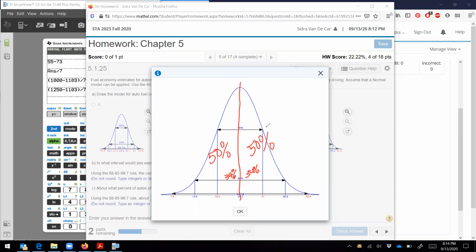So if all of this going this way is 50%, but 34 of it is here, then what remains right here would be 50 minus 34, or what is that, 16%? Now, there are other ways you could divide that up. That's the central idea. I'm just dividing up to see what's left. So we would expect 16% to be bigger than 31.